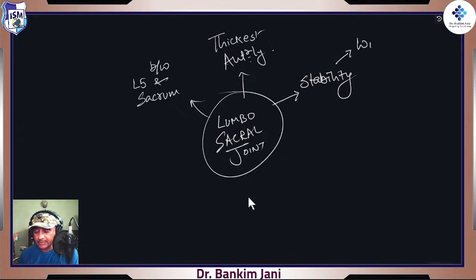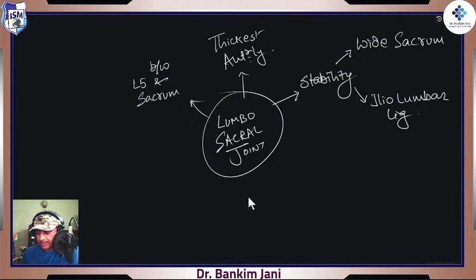So this stability is because of the wide base, that wide sacrum. This is one. And between ilium and the spine, there was that iliolumbar ligament, we saw that iliolumbar ligament. That strong ligament is giving the good support. So that is strong.